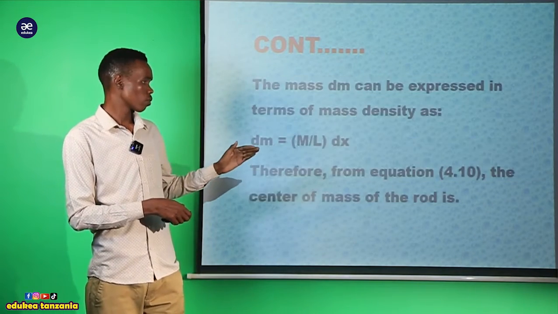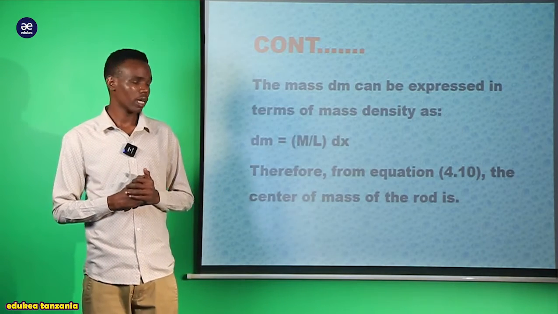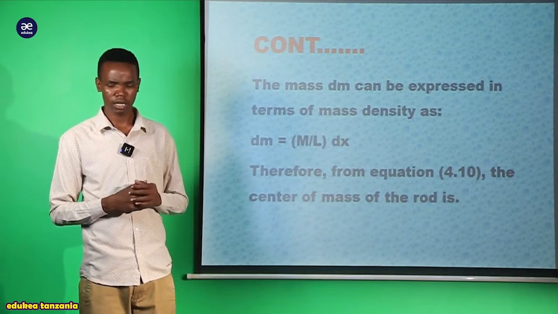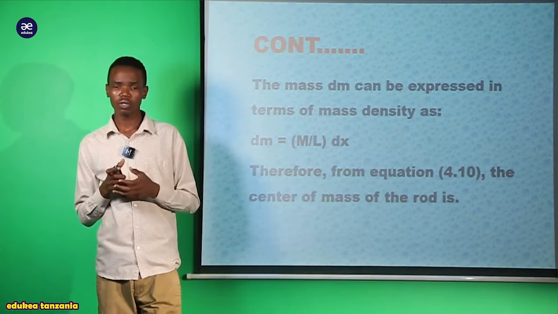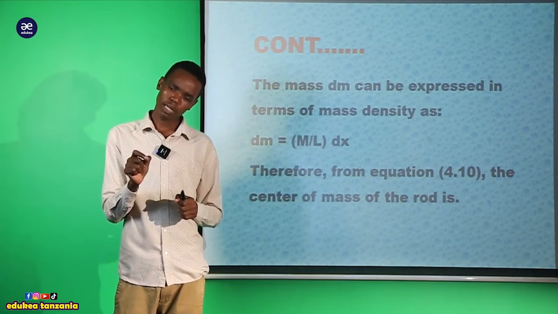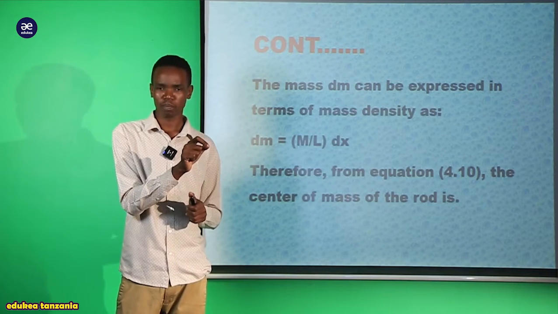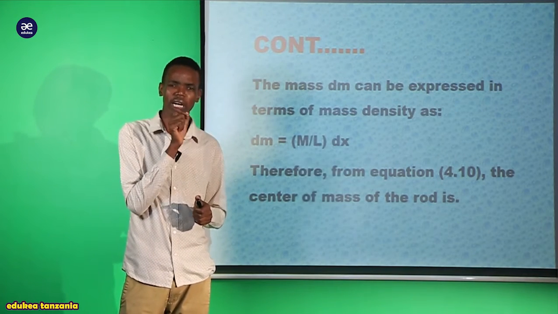Kwa sasa kutoka kwenye question number 10, as we tried to see on the last session and we tried to express this mass density, unachotakiwa kukifanya hapa, chukua uniform load. Baada ya kuchukua uniform load, pale katikati ndio kwenye axis of rotation. Sasa pale kwenye axis of rotation place kwenye distance ambayo ni x, lakini kwenye x pale tuweke ka small change, ka change kadogo sana ka mass.